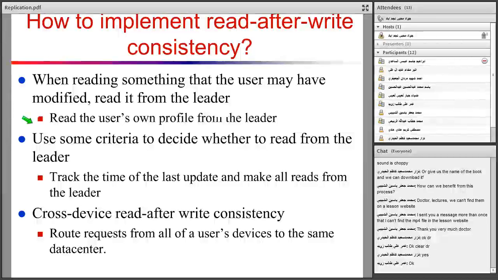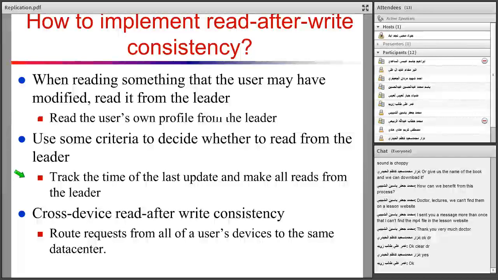There are some criteria to decide whether to read from the leader or follower. In this technique, we need to track the time of the last update and make our read from the leader according to the last update.